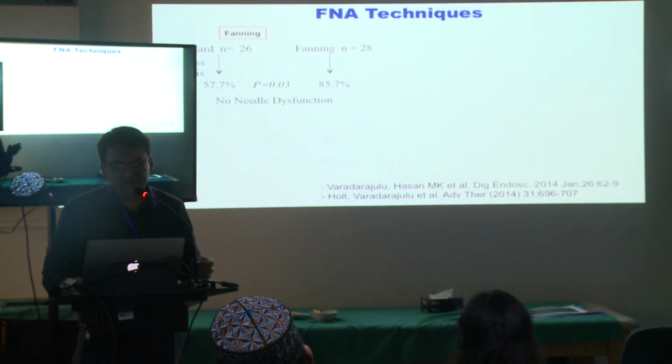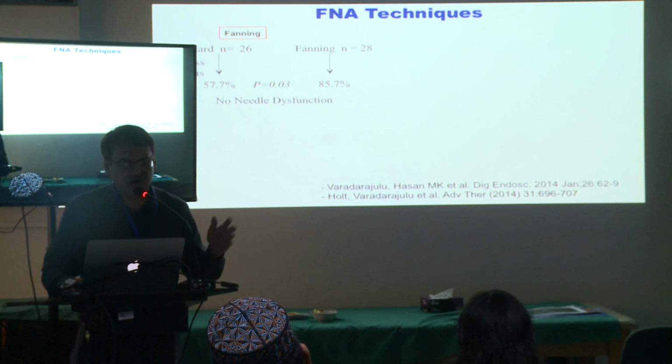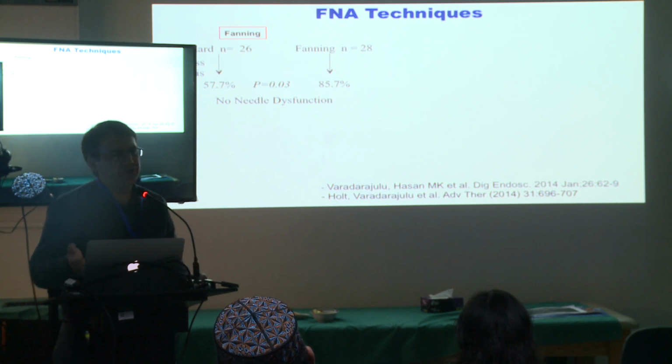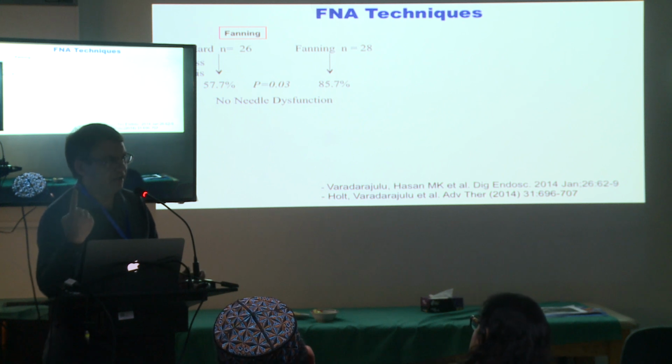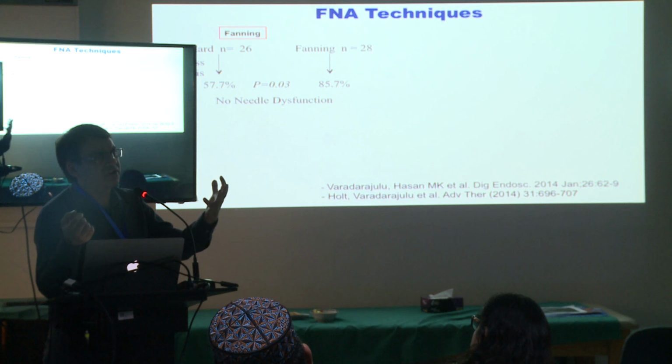I've talked about this to those who have listened before, and in this presentation we have been talking all day about fanning. What is fanning? Fanning means you don't want to keep digging or boring into one area with the needle, because the only thing you are going to get out of that is blood. So you go into one area, then you change the trajectory.